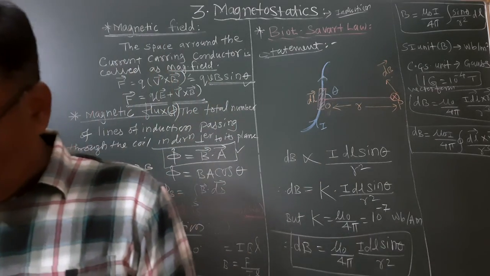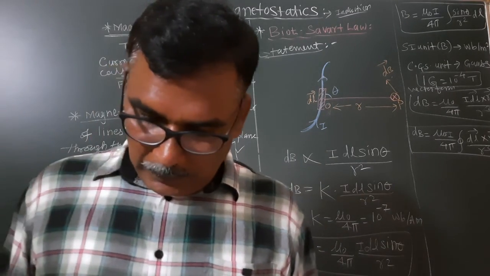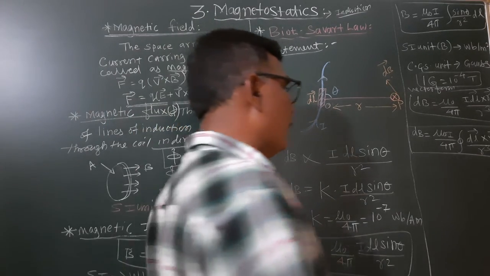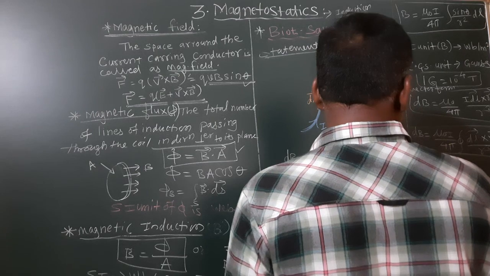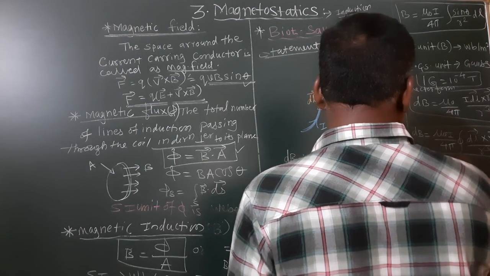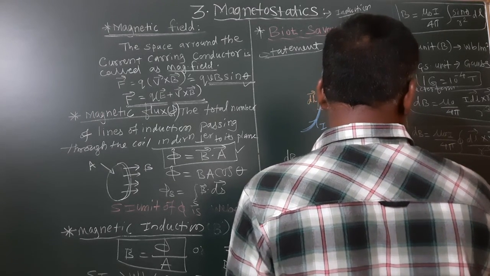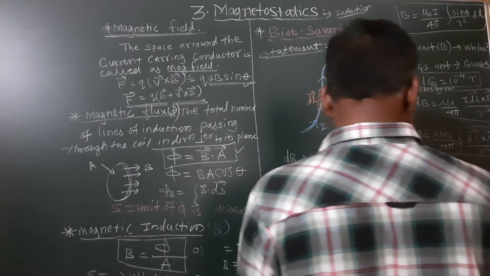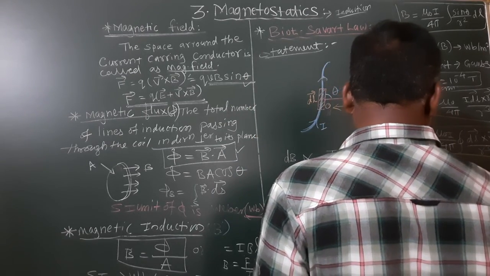Then we have to find the dimension of B. What is the dimension of B now? Dimension of magnetic induction can be written from the formula for B, which is F upon IL.